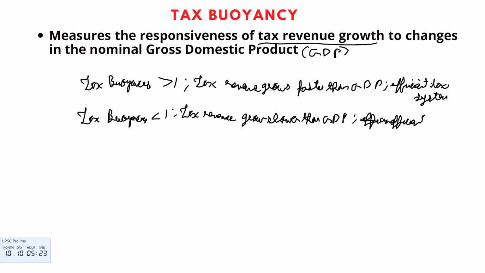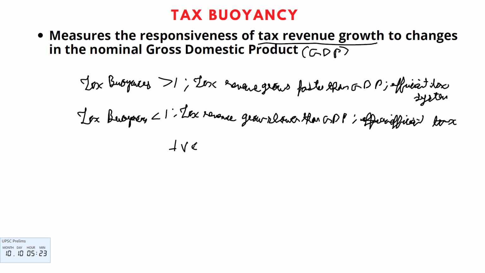For example, if nominal GDP grew by 10% and tax revenue grew by 12%, tax buoyancy would be 1.2. So it shows a positive aspect: tax revenue grows faster.